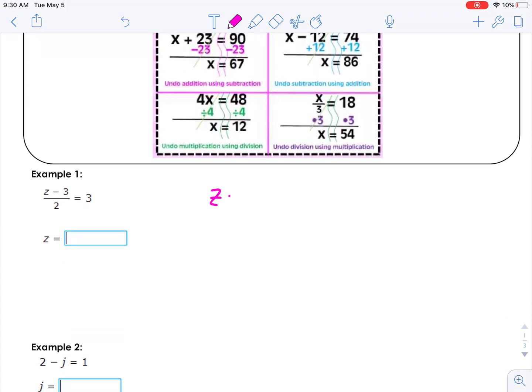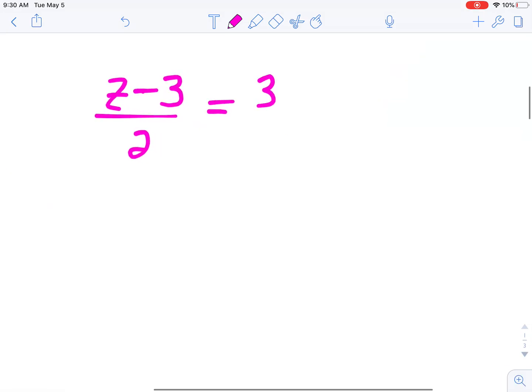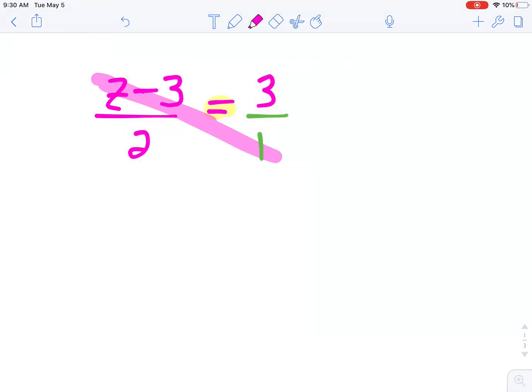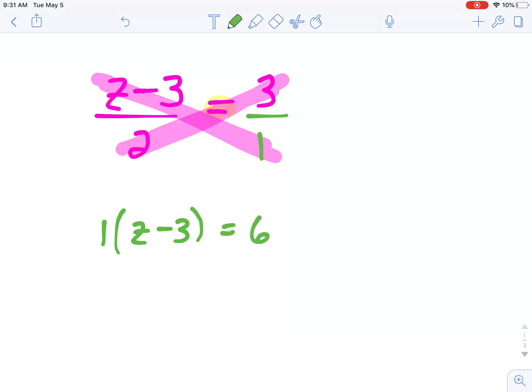This first problem we have is set up where we are going to organize it like a proportion. Do you guys remember proportions? Proportions are where you have an equal sign and two fractions, and we cross multiply. So we multiply one direction, which is 1 times z minus 3, and then we multiply the other direction. 2 times 3 is 6.